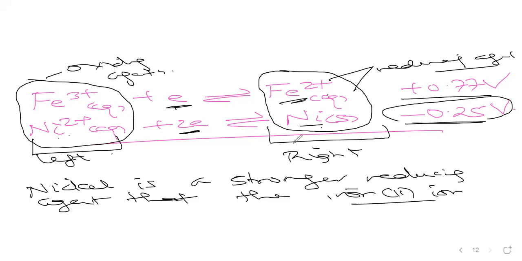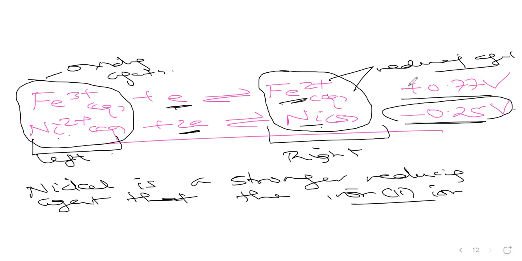Hope you're all getting me clear in that case. So we are looking at these two here being reducing agents, but which one is more reducing? The nickel is more reducing than the iron 2 ion because it has a more negative electrode potential.